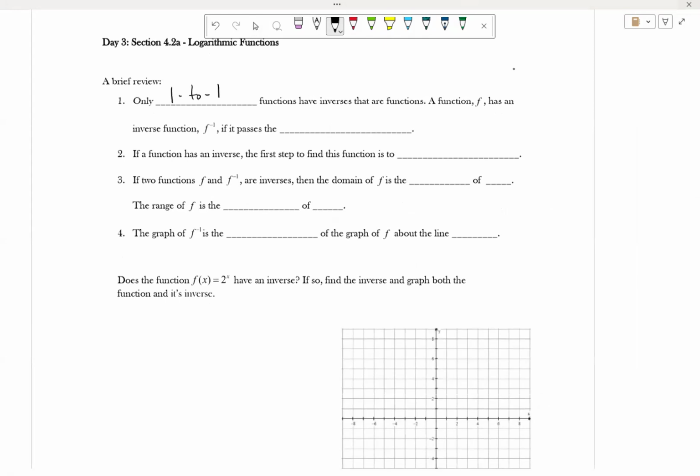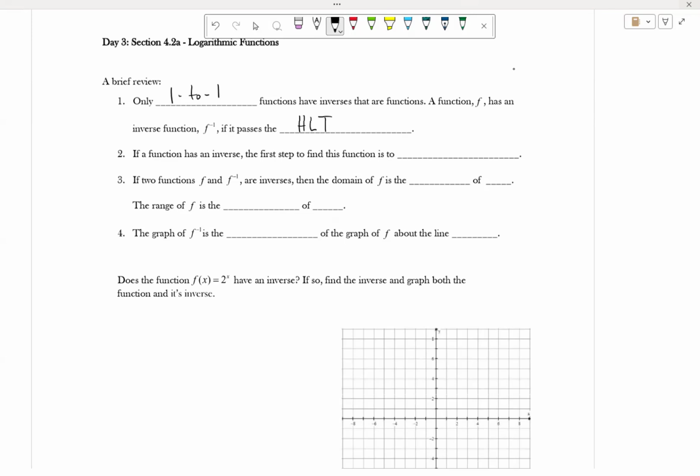A function f has an inverse function, read f inverse, if it passes the horizontal line test, otherwise known as HLT. You can think about it as a moving x-axis coming up and down, scanning to see if it crosses through more than one point. So if it passes the horizontal line test, the function is one-to-one, and the function has an inverse.